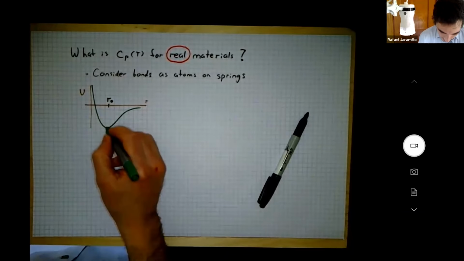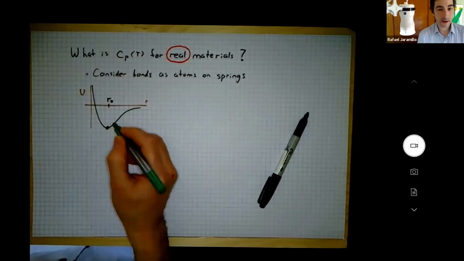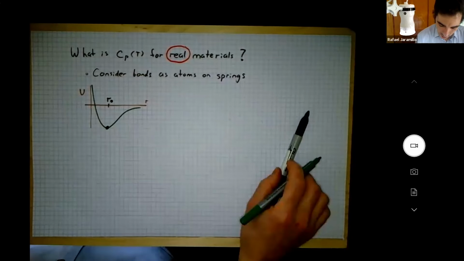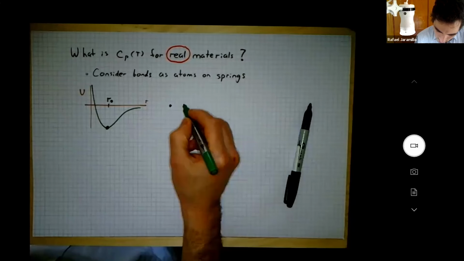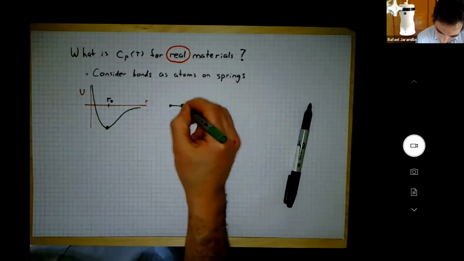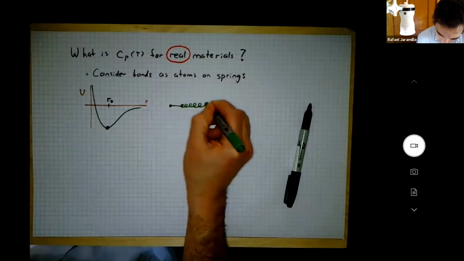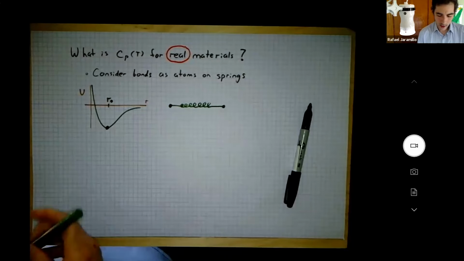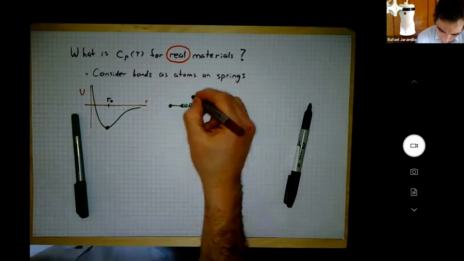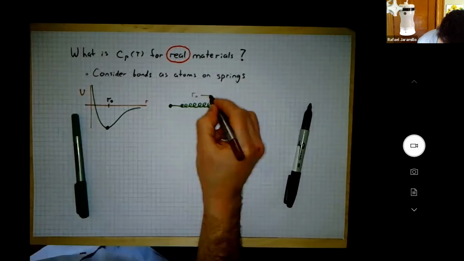And let's just say that my atoms are sitting there at that displacement. Let me draw my atoms here. Here's a spring, right? And they are at distance R naught from each other.